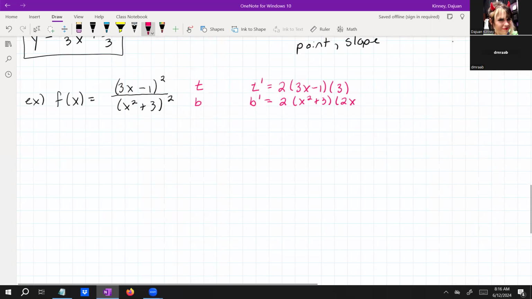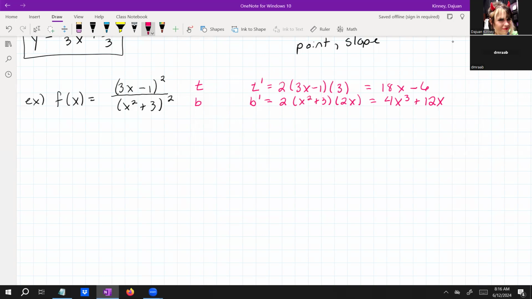And I'm going to clean this up one more step for each one. 6 times 3, or 9, to 18x minus 6. This one, 2 times 2 is 4, so I get 4x cubed plus 12x. I skipped several steps there. Please feel free to go find them if you need them.